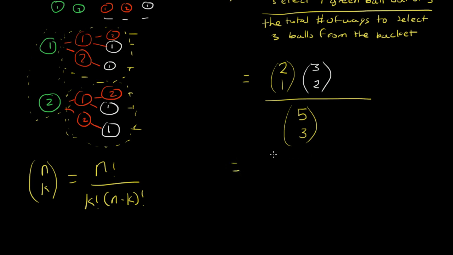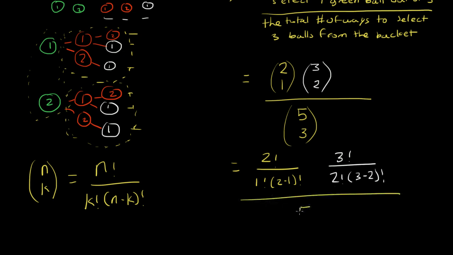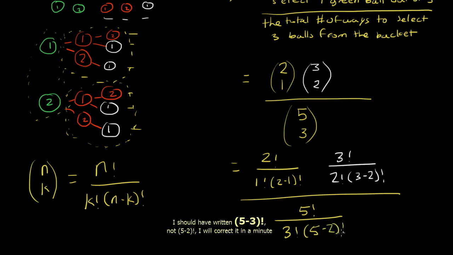So 2 choose 1 would be 2 factorial over 1 factorial times 2 minus 1 factorial. 3 choose 2 would be 3 factorial over 2 factorial times 3 minus 2 factorial, and divided by 5 factorial over 3 factorial times 5 minus 3 factorial.